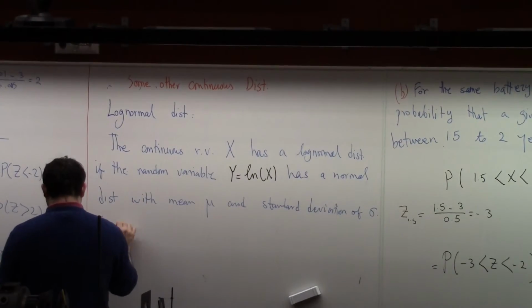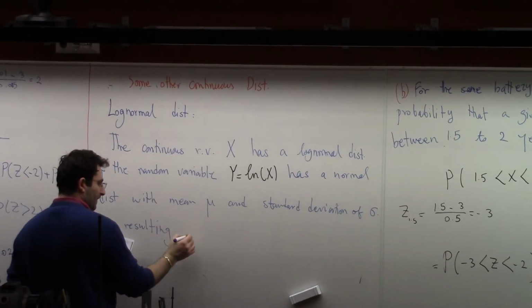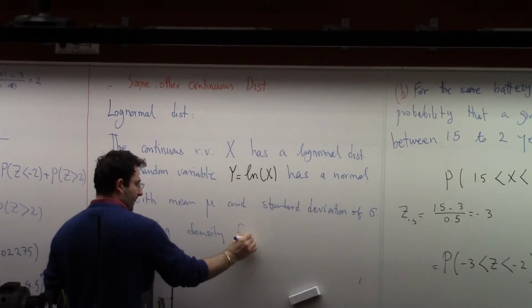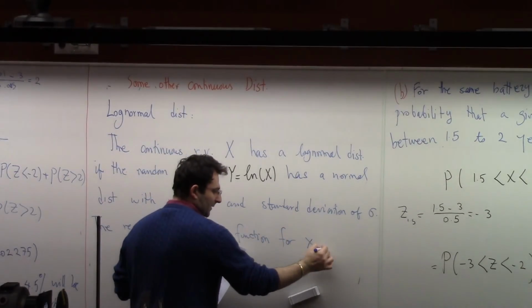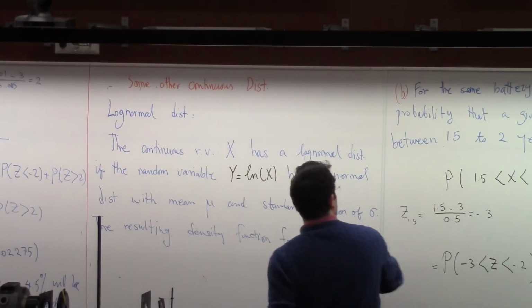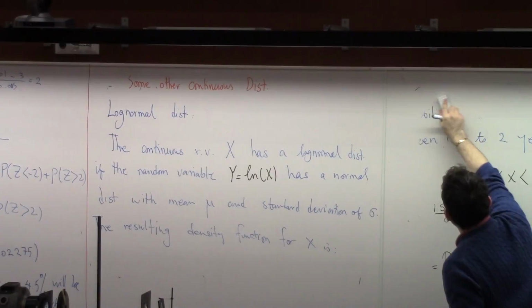The resulting density function for x is, now x has this log normal distribution. In other words, the ln of x will be normal.